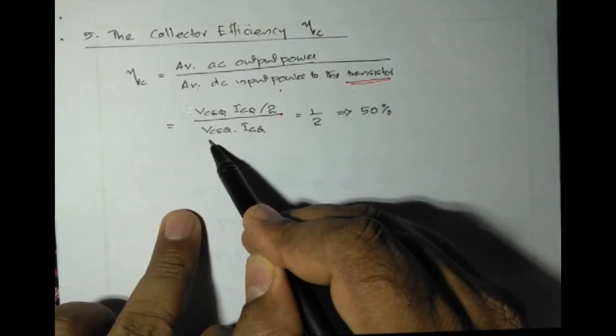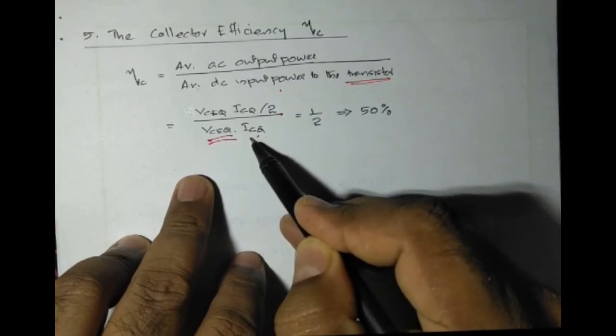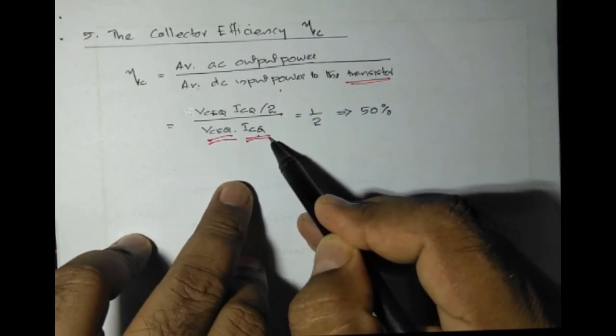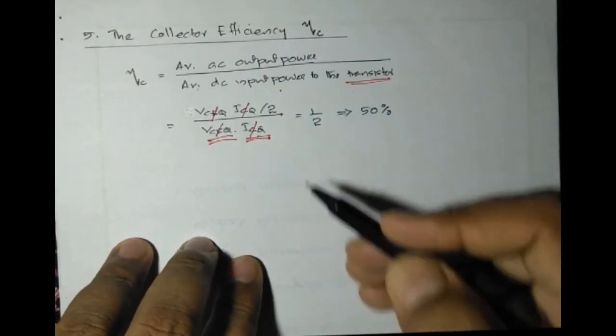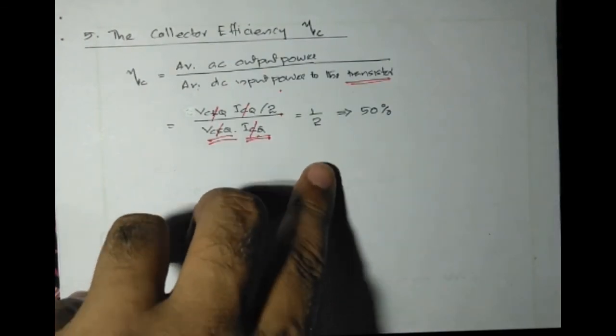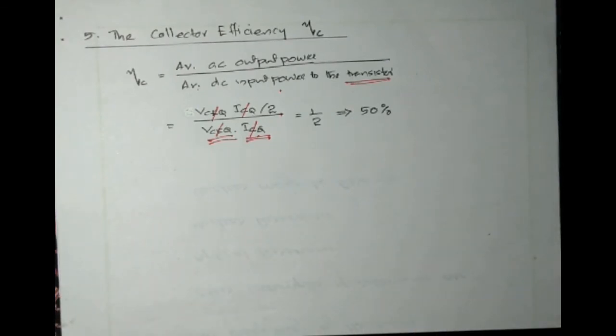And that is VCEQ into ICQ. VCEQ is the voltage and ICQ is the corresponding current. So cancelling VCEQ and ICQ, we get 1 by 2, or this corresponds to an efficiency of 50%, or the collector efficiency of a class A amplifier is 50% maximum.